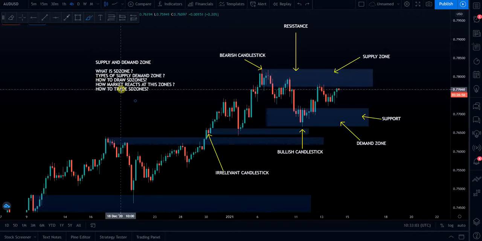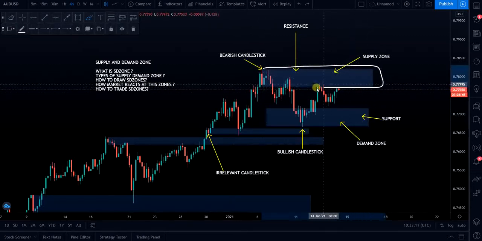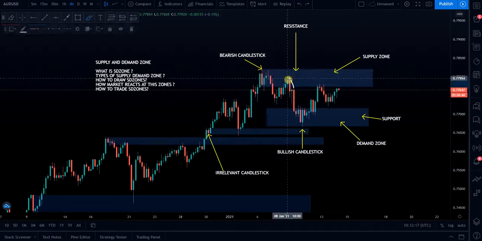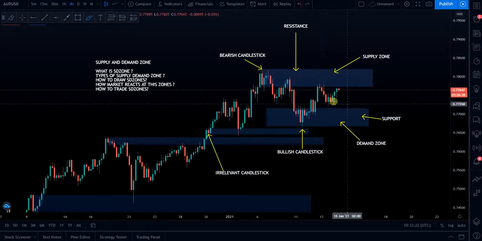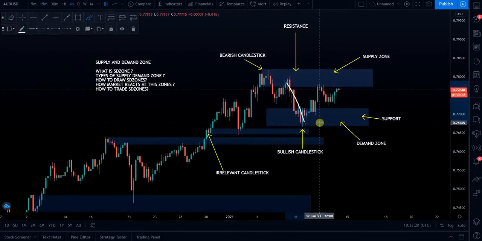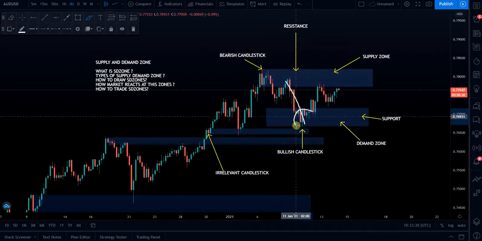Let's look at how the market reacts at these zones. As we can see, we have marked this as a supply zone with the help of a bearish candlestick. Here we got one rejection, two rejections, which means sellers are still strong. And after this rejection, the market got dumped. But at this level, what do we have?